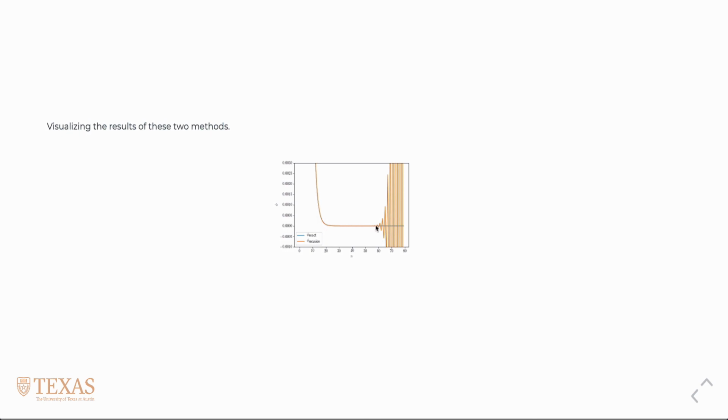But somewhere around the 55th to 60th power out here, we begin to get these spurious oscillations in our recursion relationship results. Again, you can see the exact result behind it, the blue line there. And this is due to the buildup of round-off error in our computation. And eventually it becomes unstable.